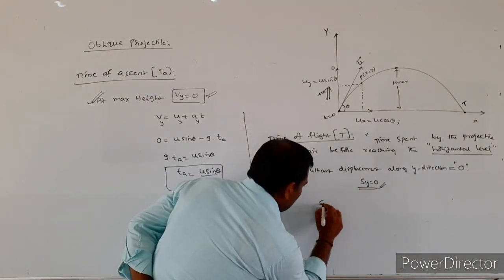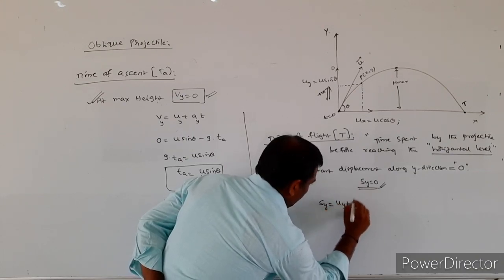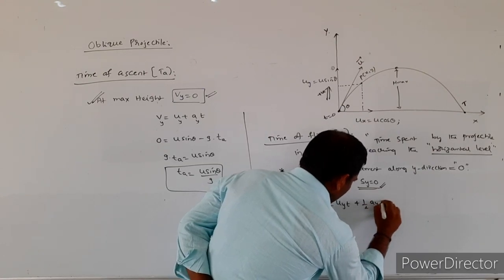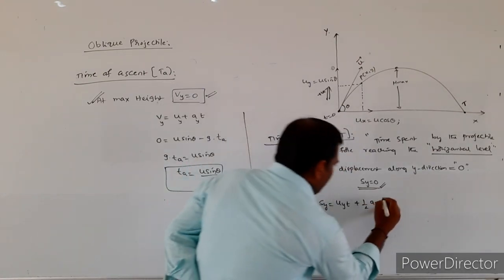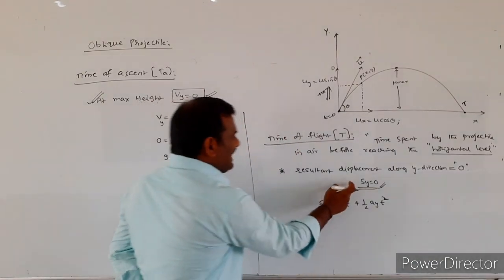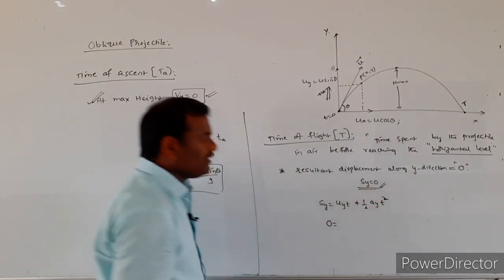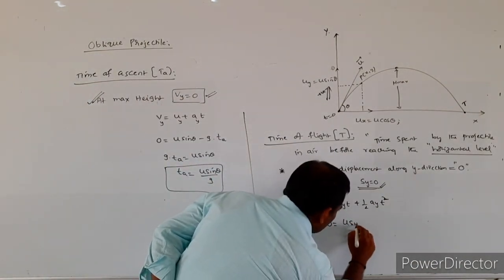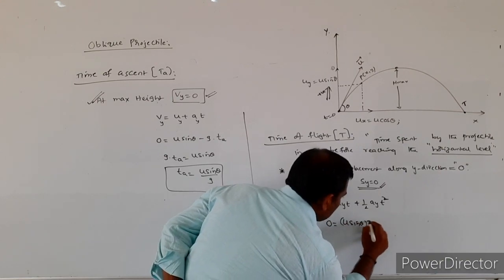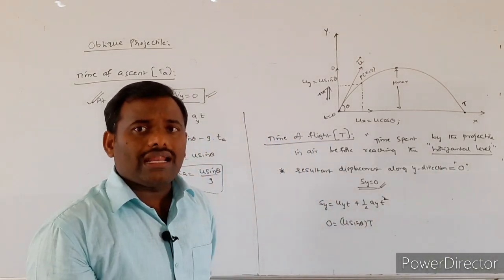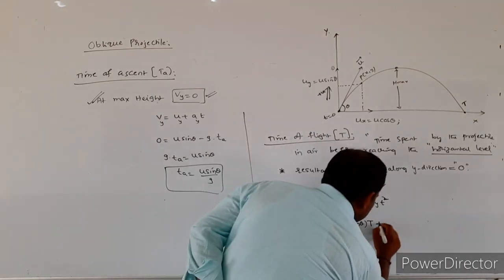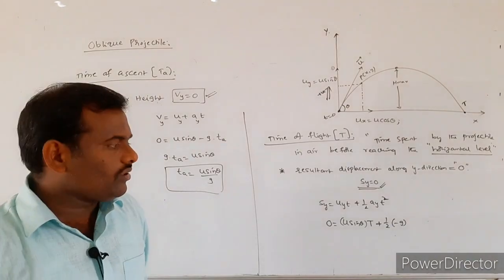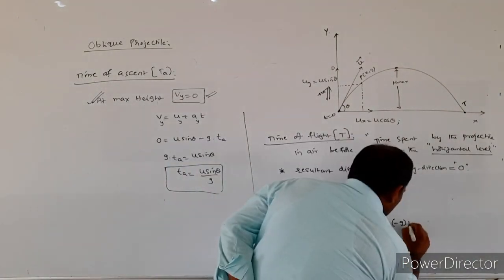Now I will take the general equation: Sy is equal to Uy into T plus half into Ay into T square. Displacement along the y-axis is 0. Uy is U sin theta, and total time is taken as capital T. Ay is minus g, into capital T square.